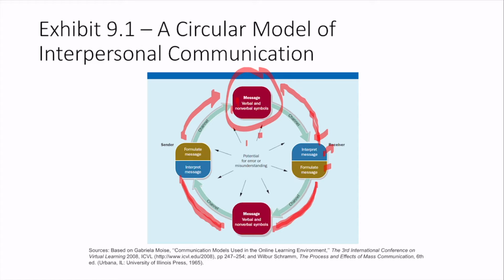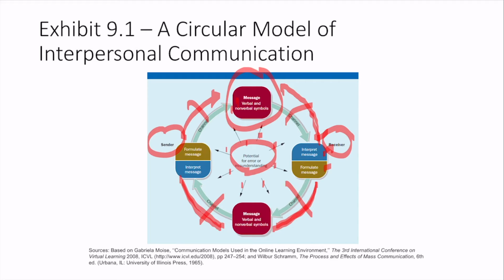Here, you have what we call noise. That's the potential for error or misunderstanding. How many times have you tried to communicate something, but it was misunderstood or misinterpreted? That happens all the time. Well, anywhere in this process, you can have noise. You can also have noise in the receiver and the sender.